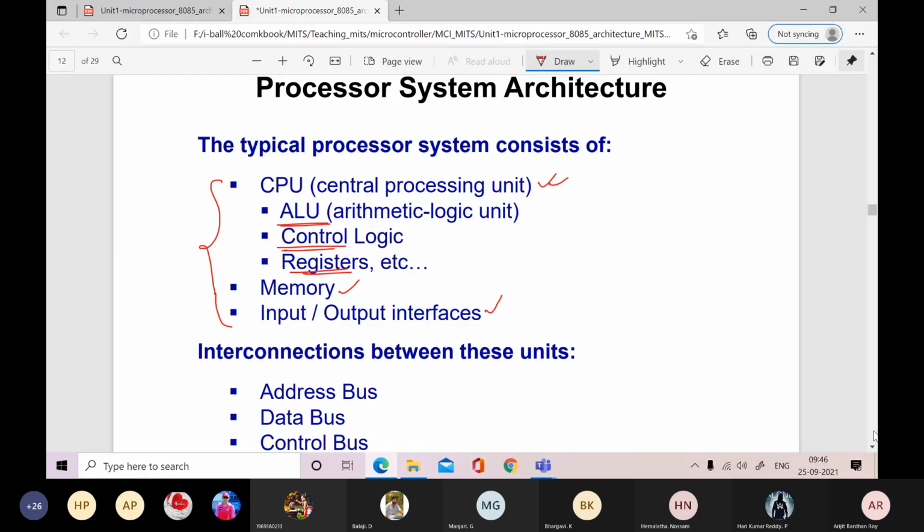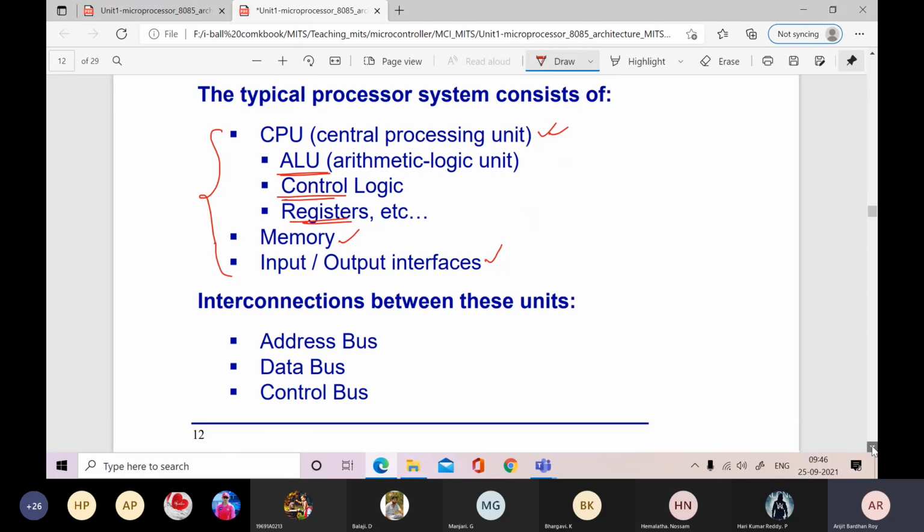Now I am coming to the next topic, interconnection between these units. If I want to interconnect the CPU with memory, or memory with input output, or input output with CPU, anything, how can I interconnect? Suppose CPU is there, memory is there.